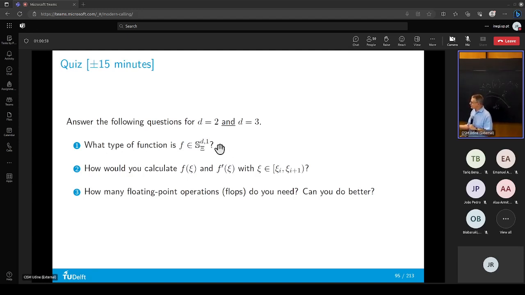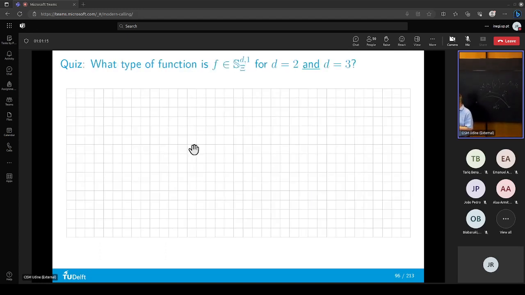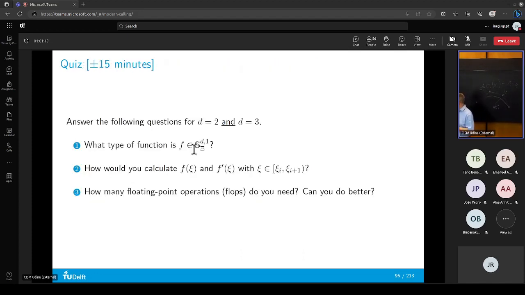What type of function is this? If I have a quadratic or a cubic one. The function itself is not a cubic polynomial, but a piecewise cubic or piecewise quadratic polynomial. I thought to fill it out here, but I will fill it out in my room and then upload this for you.